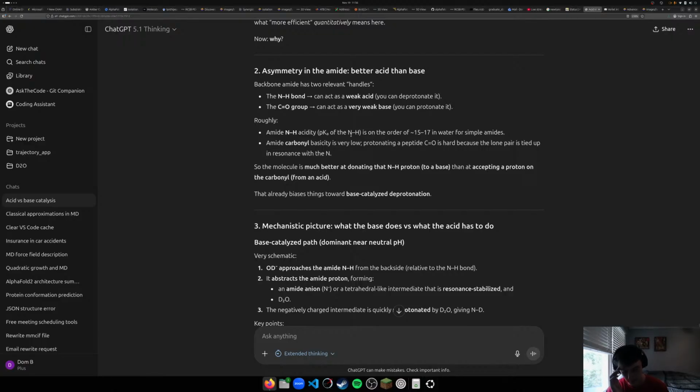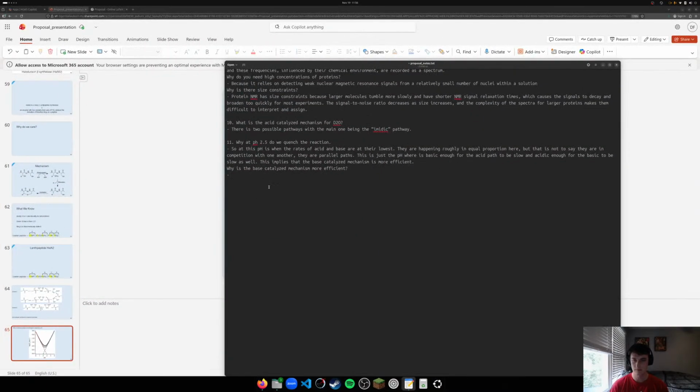Oh, I see. Okay. Yeah, so I was a little bit right: the pKa. That makes complete sense, honestly. So why is the base catalyzed mechanism more efficient?